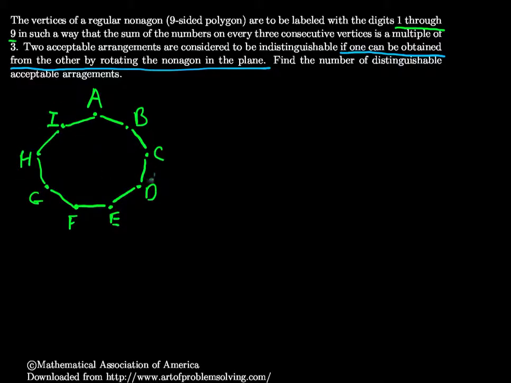And here's the idea. What's going to happen is I'm going to need to put down some numbers, but I need to make sure that every group of 3 consecutive vertices will add up to a multiple of 3. And here's how we can do that. I have the digits 1 through 9. 1, 2, 3, 4, 5, 6, 7, 8, and 9.